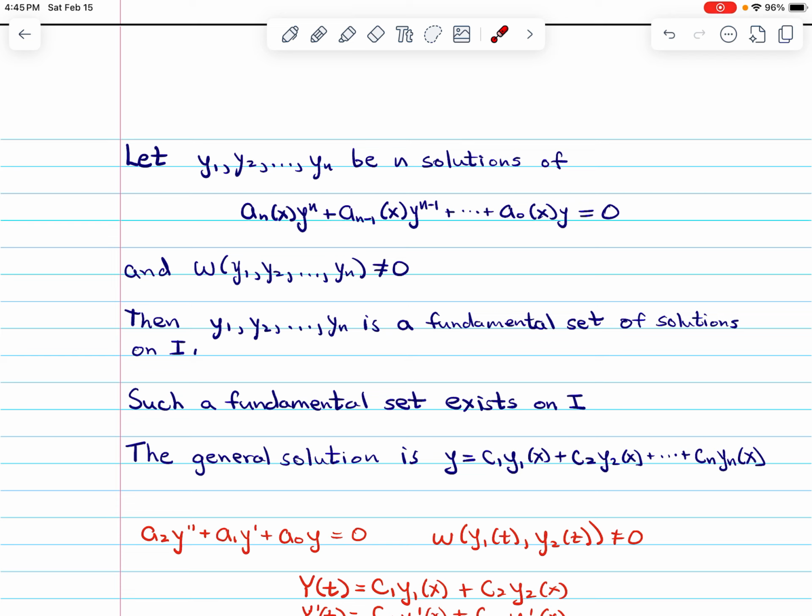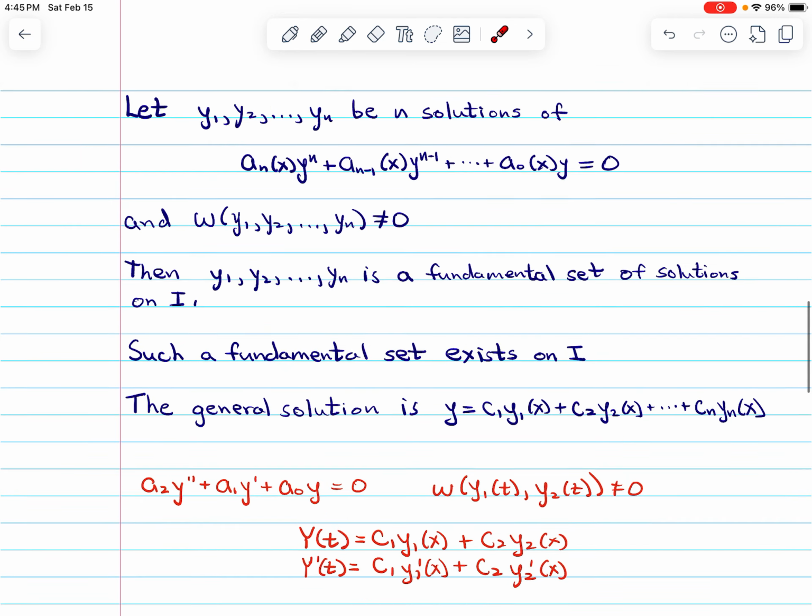Now, I said a fundamental set exists, and here's what I want to make sure you understand: the importance of the set of solutions being independent. Because we need to be able to find these constants, c1, c2, and so forth.